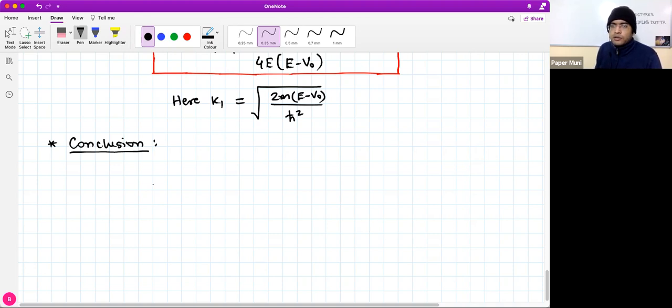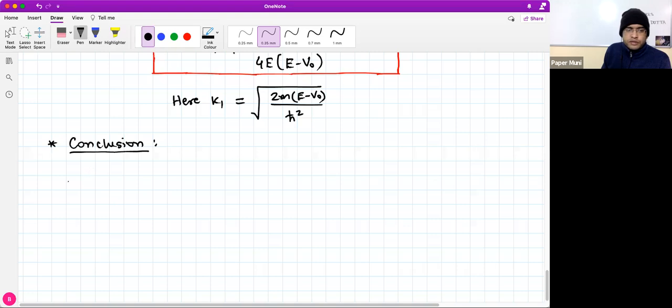You can also use Griffiths, but Griffiths problems are sometimes long questions, so you have to be careful in choosing the questions. That is where students make a mistake: they are not able to judge which questions to solve and which not to solve.